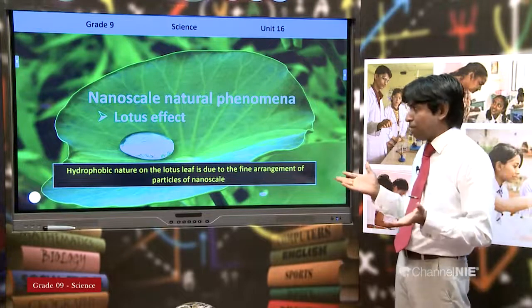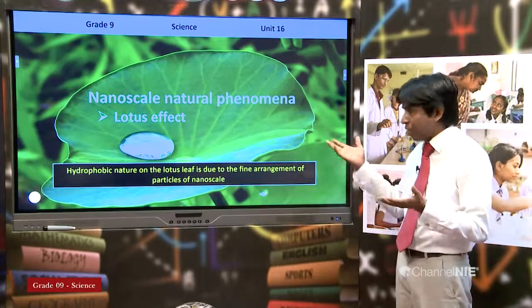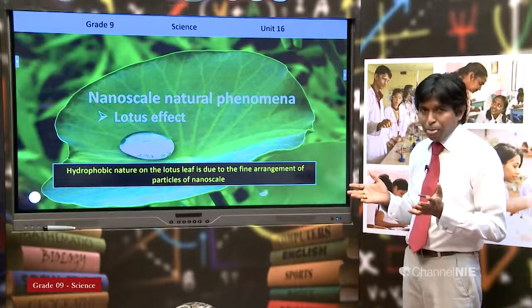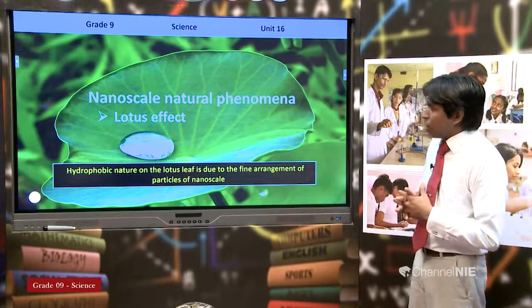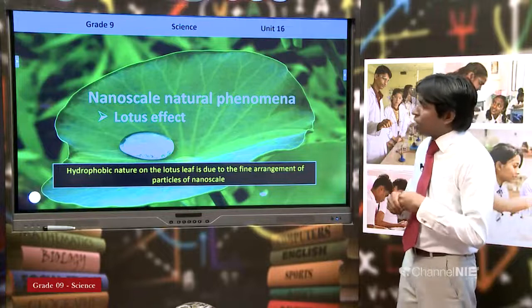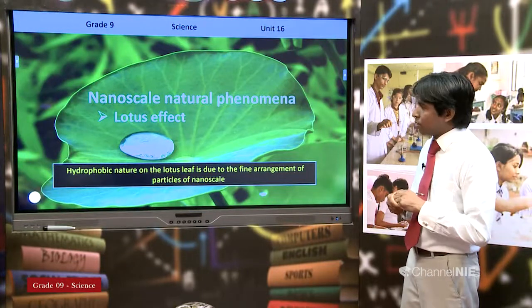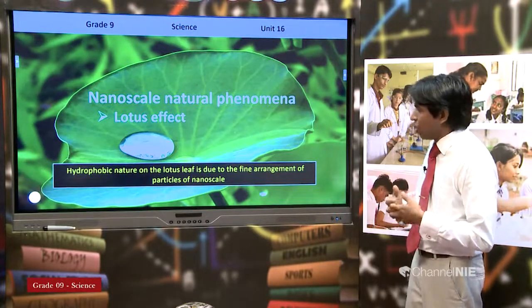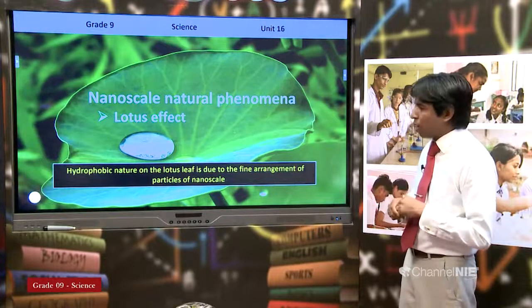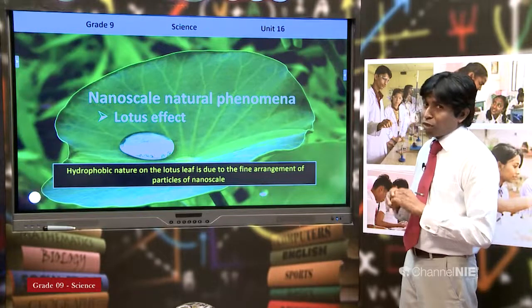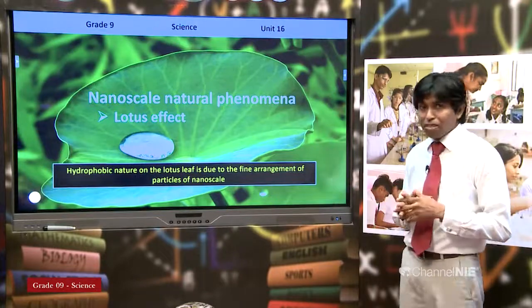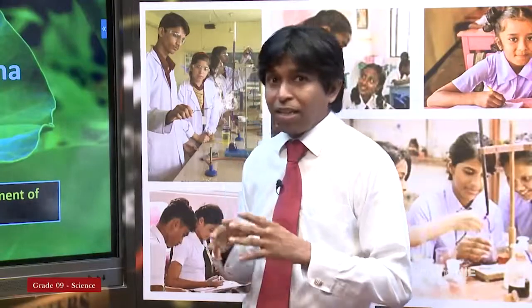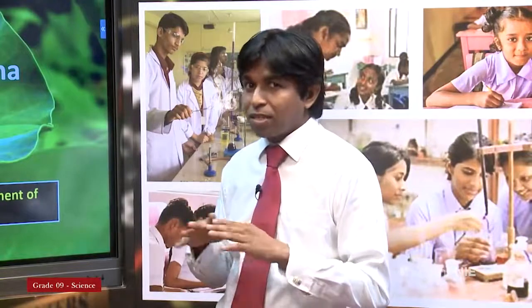Therefore, we sometimes use these leaves instead of lunch sheets for packing food, because it is clean. The main reason is the nano surface, a fine arrangement of particles at the nanoscale. Similarly, the wings of some insects have nanoscale surface features.